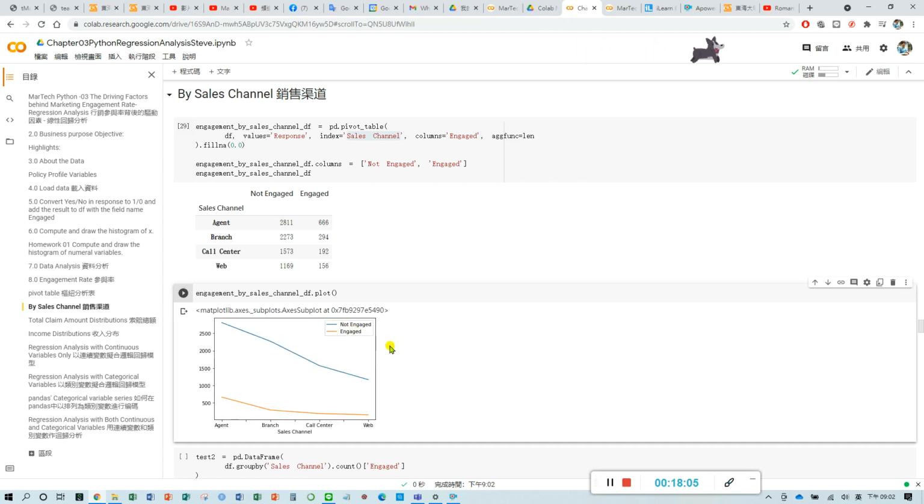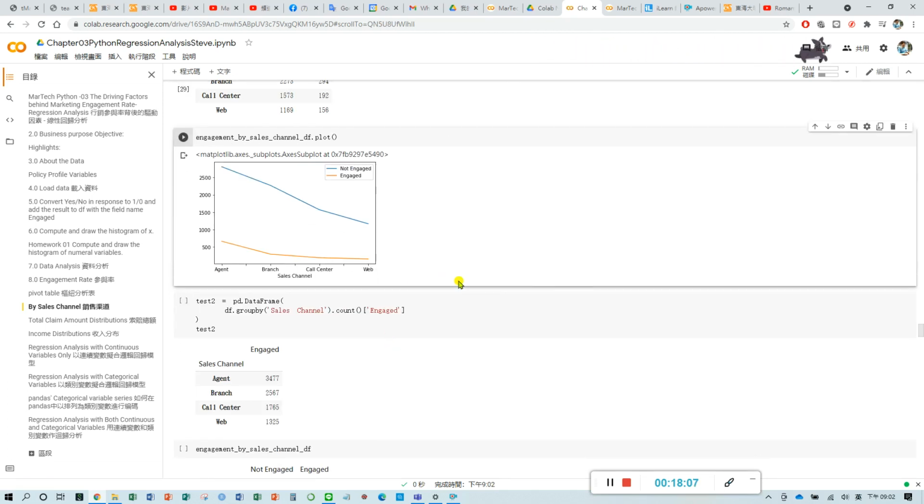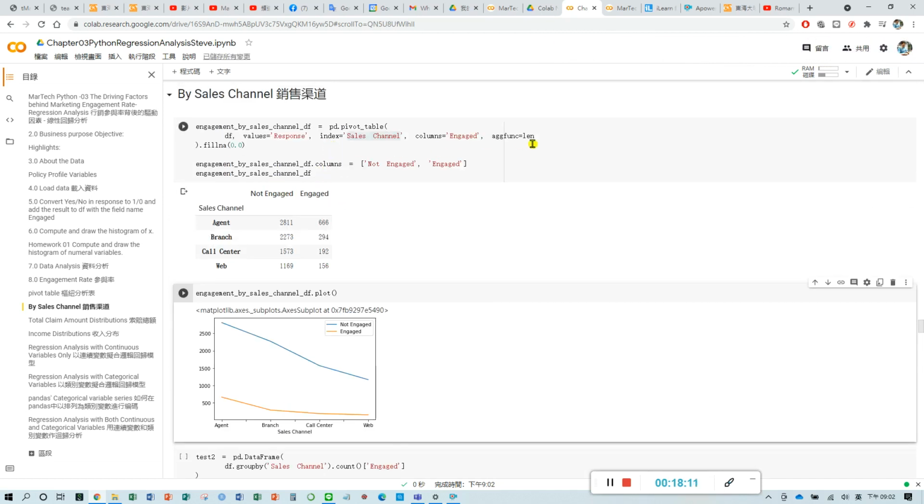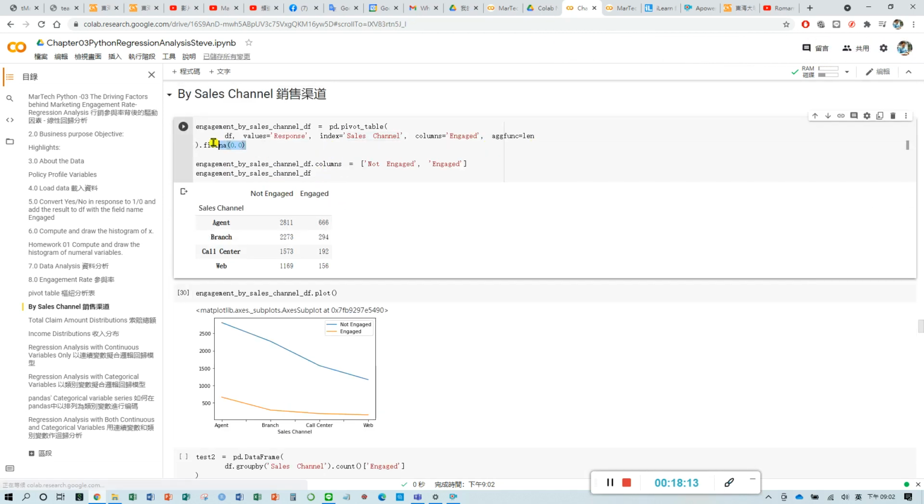Okay, it's so easy, but you have to be familiar with the commands, right? 这个指令你要清楚, what the value means, what the index means, what the column means. Index means here the row index.